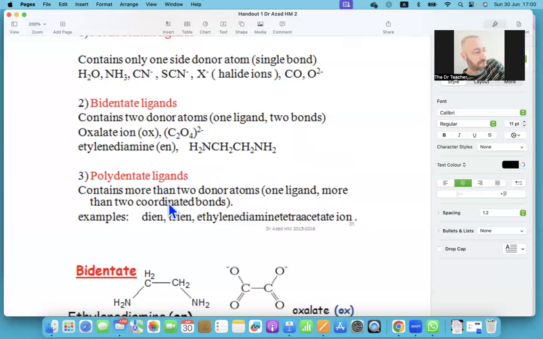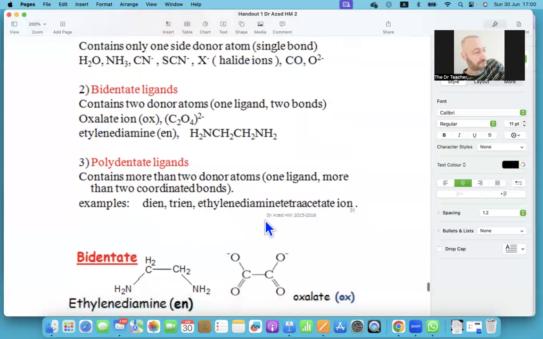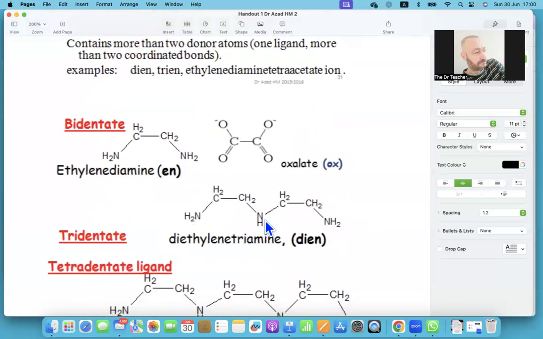If there is a triethylene diamine or triene, ethylene diamine tetraacetate, this is the oxalate. EDTA here is ethylene diamine tetraacetic acid or acetate ion, and in this case it can be bonded through 4 bonds to the metal ion.